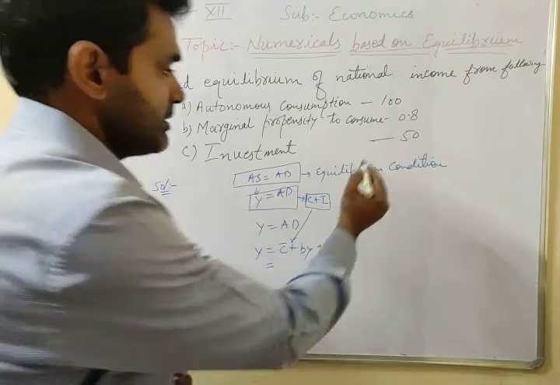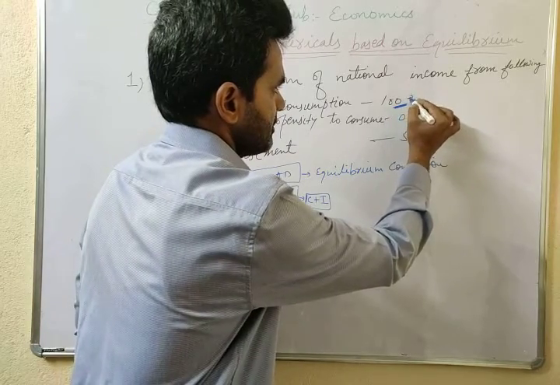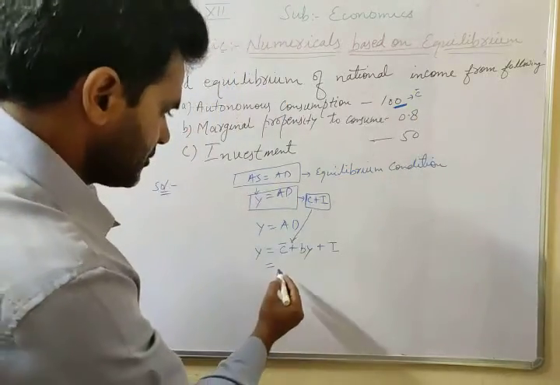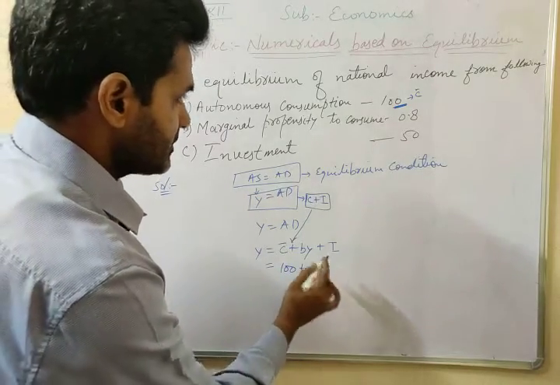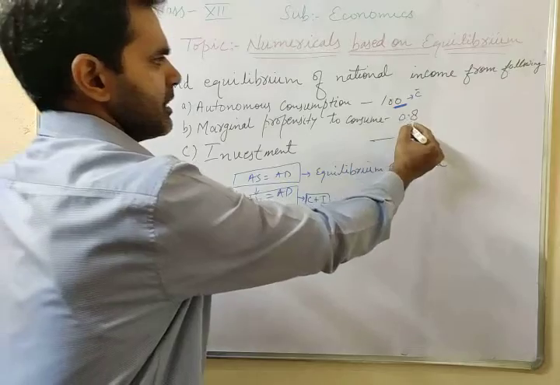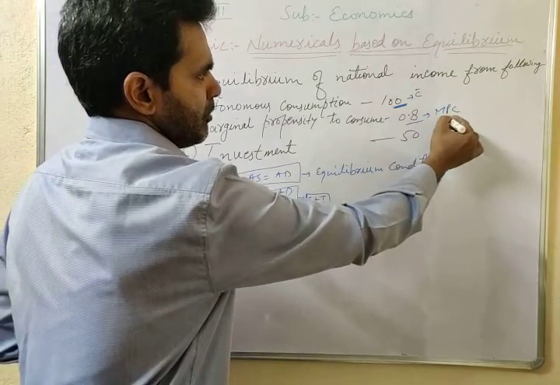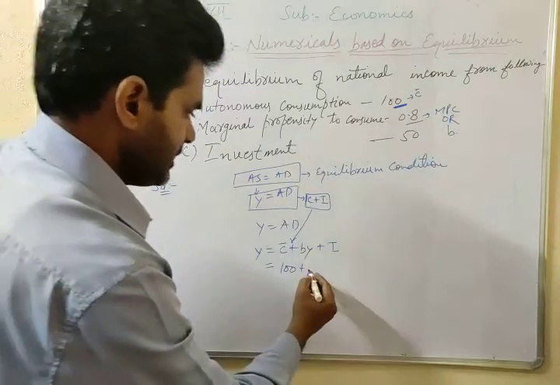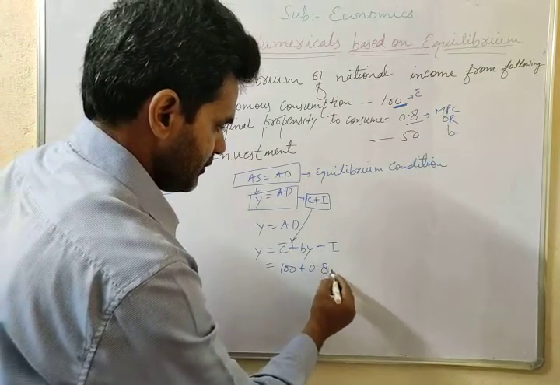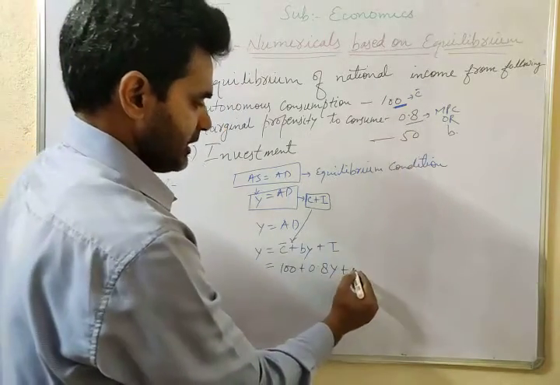Now we put the value of these two. This C bar is the autonomous consumption expenditure. So we put 100 over here, plus bY. b means MPC. So 0.8 we put over here, Y plus I is also given, that is 50.